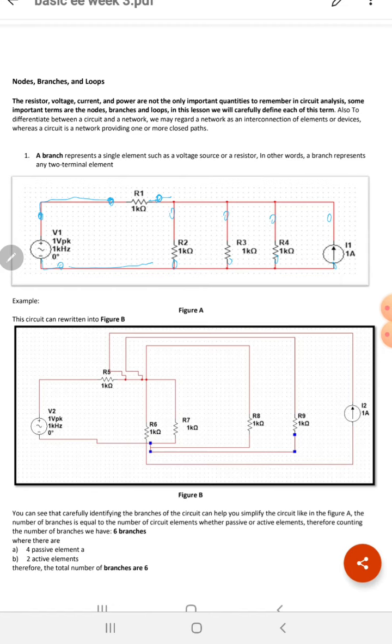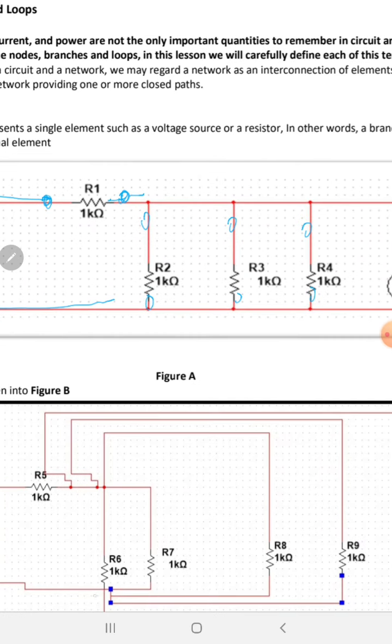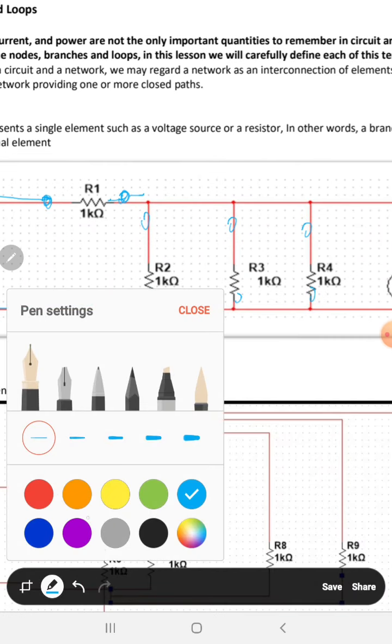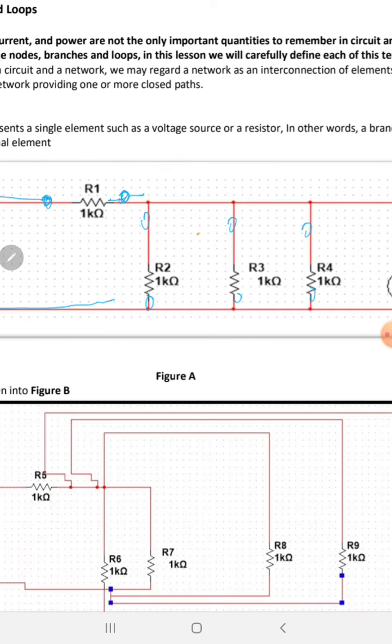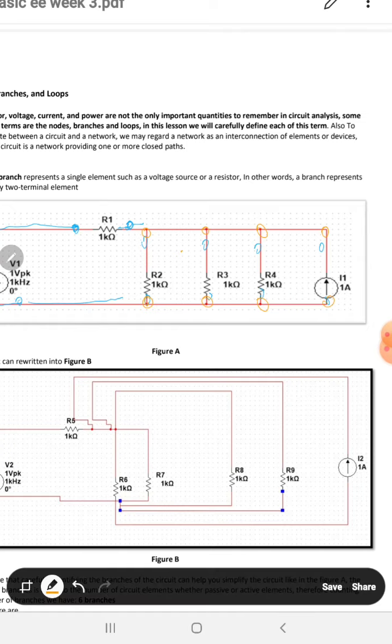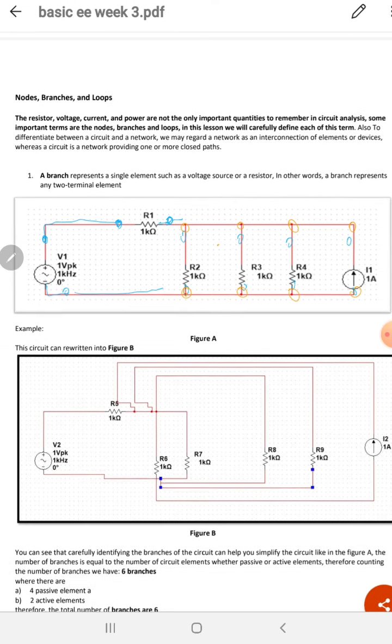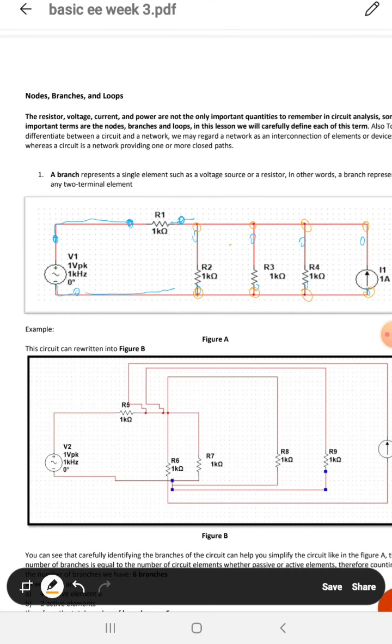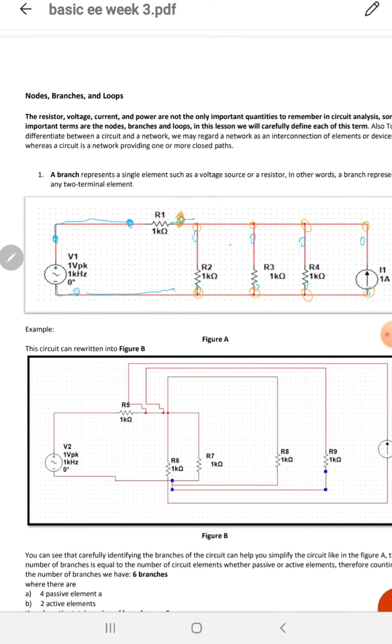Pag sinabi naman natin siyang parallel connected, yung branch mo is your two terminals are connected to the terminal of the other branch. Yan. Mapapansin nyo, nakaparallel tong apat na branch na to. Yung tatlong passive branch and yung isang active branch. Which is, they are in parallel with the branches of your R1 and your R2.